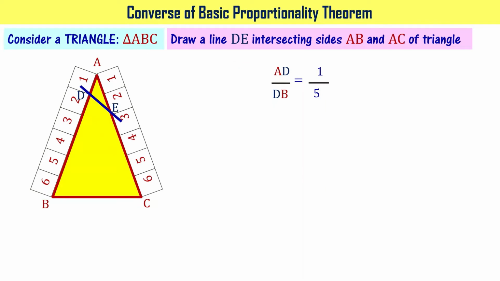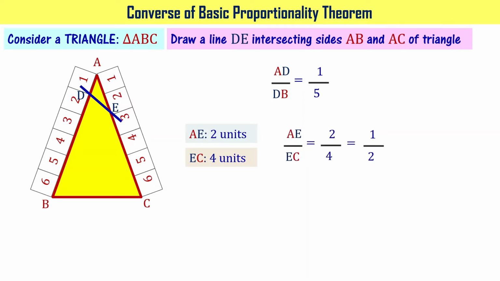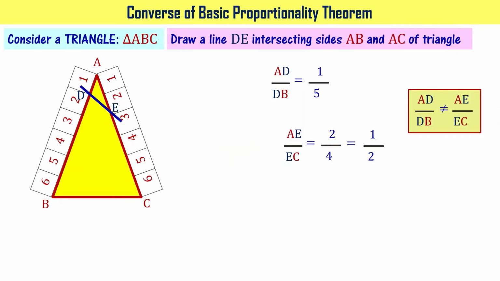From this figure, you can say that AE equal to 2 units and EC equal to 4 units, right? It means their ratio AE by EC is equal to half. So I can write AD by DB is not equal to AE by EC, right?